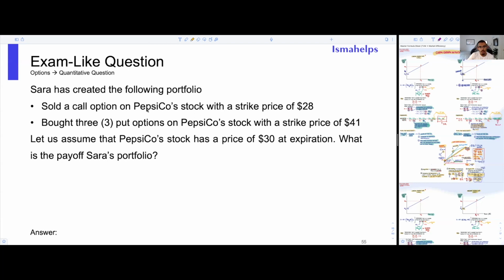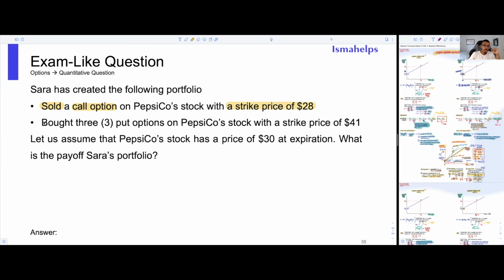Sarah created the following portfolio, which consists of two specific positions. One is a sale of a call option on PepsiCo stock with a strike price of $28. Super important.